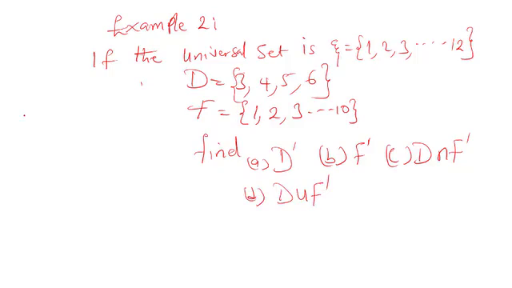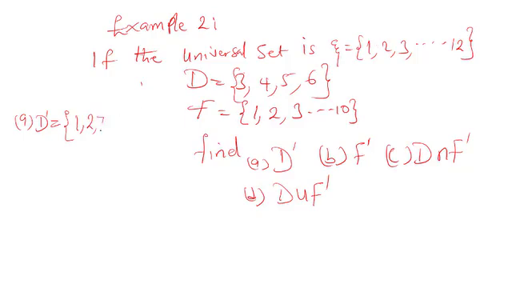Now let's start from the first one. That's our D complement. Remember what I told you, that D complement means those things that are in the universal set but not in D. So 1 is here but it's not in D. 2 is here but 3, 4, 5, 6 is not included.